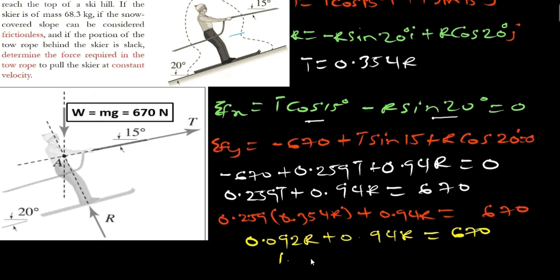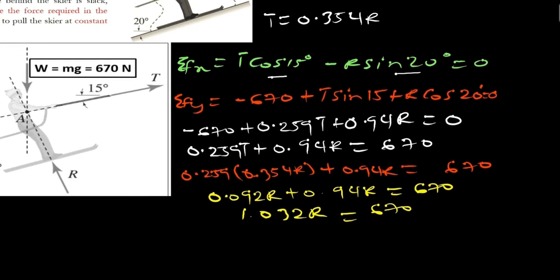So 1.032 R equals 670. Let's divide both sides by 1.032 and see what we get for R. This will be equal to 670 divided by 1.032.